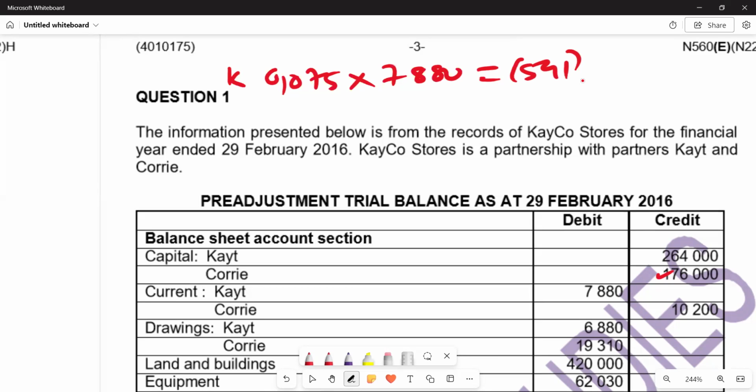And then for Corey, we use 7.5% as a decimal, 0.075, and multiply by a credit balance of 10,200. The amount that you are supposed to get there is 765. So we go there and enter the result for interest on current.